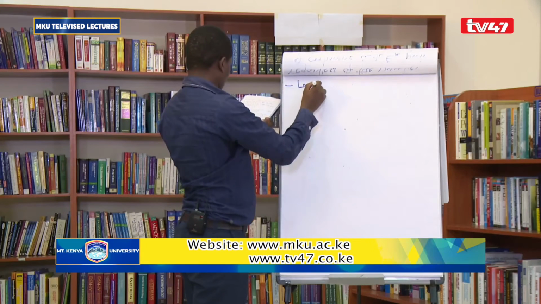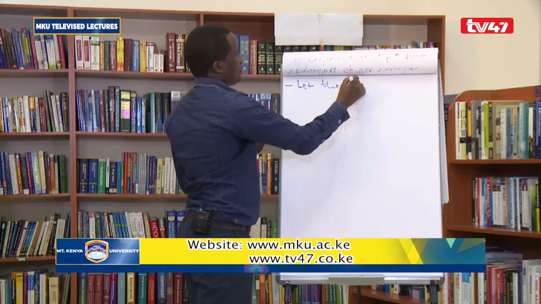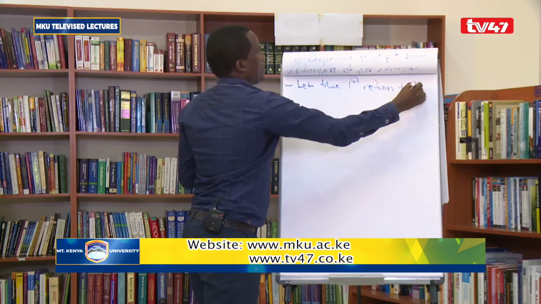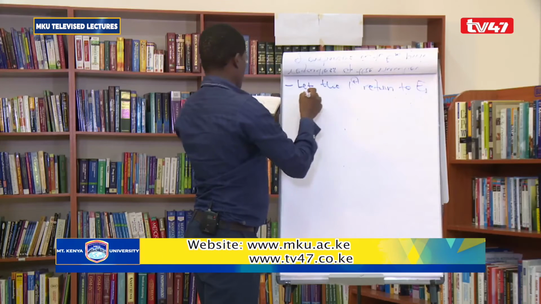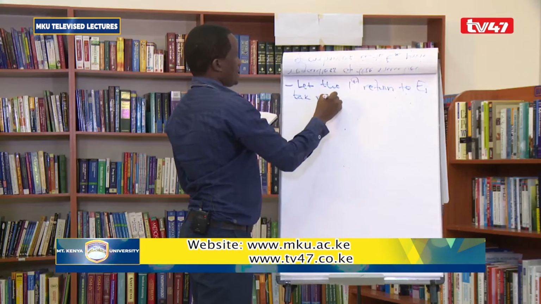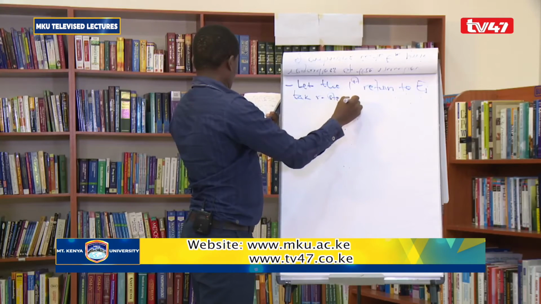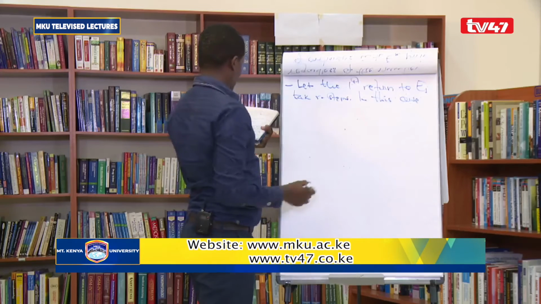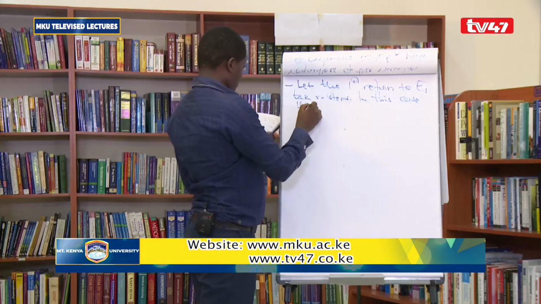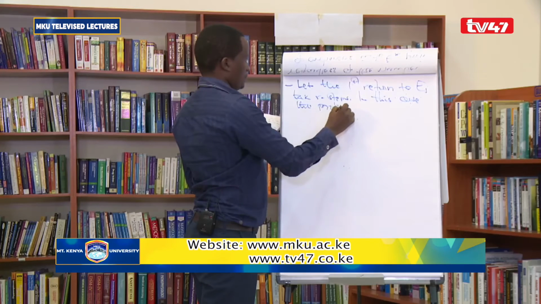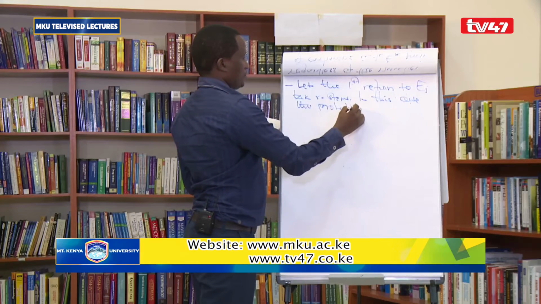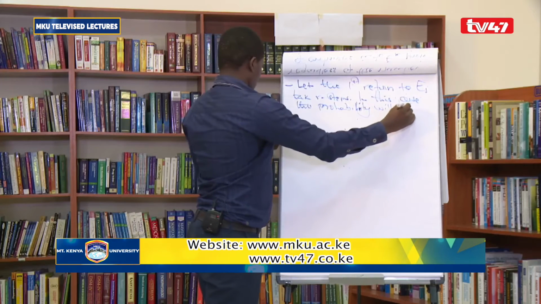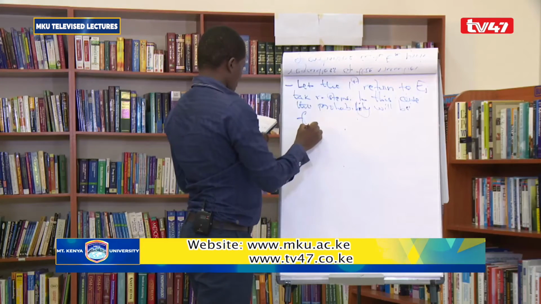Let the first return to state j take r steps. In this case, the probability will be f_jj^(r).